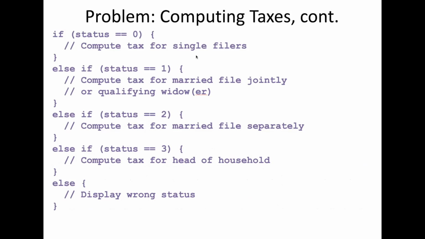And this is the example. Depending on your status, whether this is 0, which computes tax for a single filer, or status equals 1, which computes taxes for married filing jointly, or married filing separately, or 3, head of household, or if the status is none of the above, you can use the entire if and else to capture this entire series of conditions.